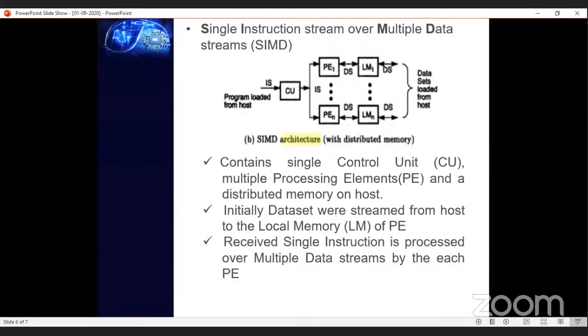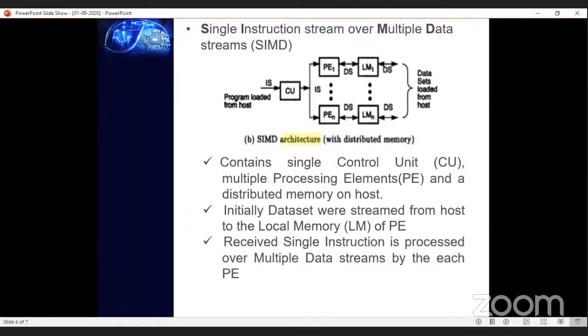The single control unit receives a single instruction from the host and issues that single instruction to all processing elements. Now the processing element, after receiving the single instruction from the control unit, starts to process using the data in the local memory.